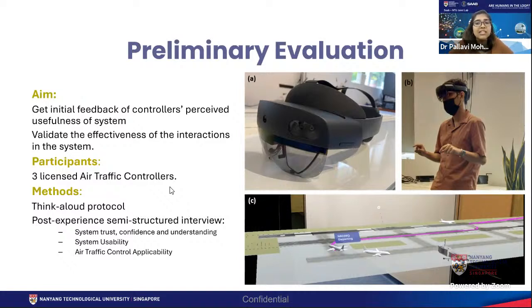The aim was to get initial feedback of controllers' perceived usefulness of the system as a viable augmentation of a remote digital tower system, and also to validate the effectiveness of the several interactive features in the system. The participants were 3 licensed air traffic controllers, 1 former. The methods used were think aloud protocol while doing the study, and a post-study semi-structured interview, which asked for participants' verbal feedback on the following components: system trust, confidence and understanding, system usability, air traffic control applicability.